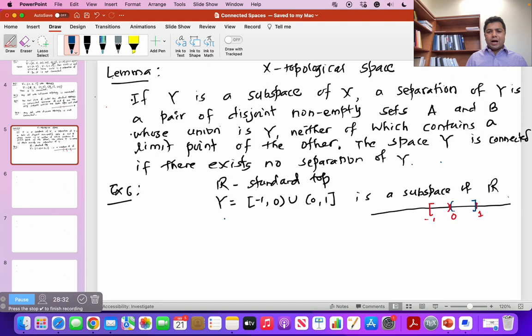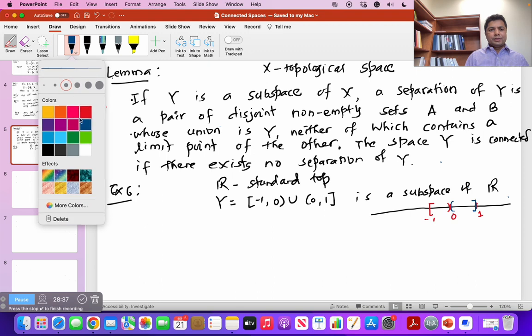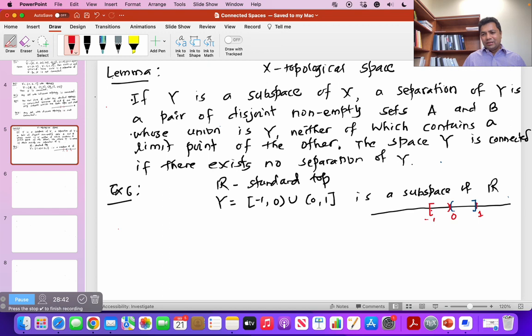Then this space Y is not connected. This is a subspace of R. This is because if Y is not connected, then there should be a separation. Now these two sets, [-1, 0) and (0, 1], form a separation of Y. We are going to use the lemma, which tells us that a separation of Y is a pair of disjoint non-empty sets.